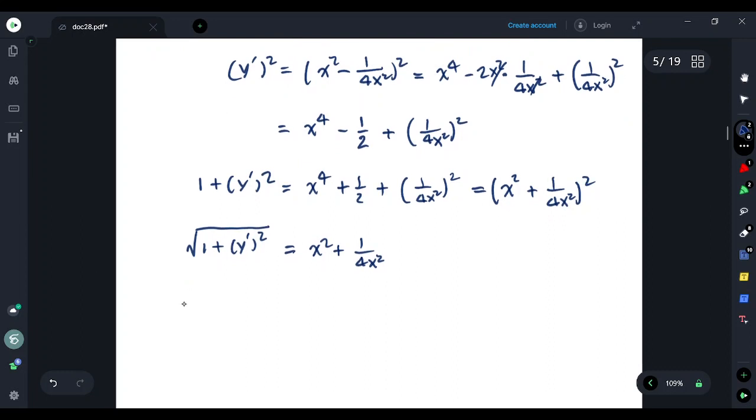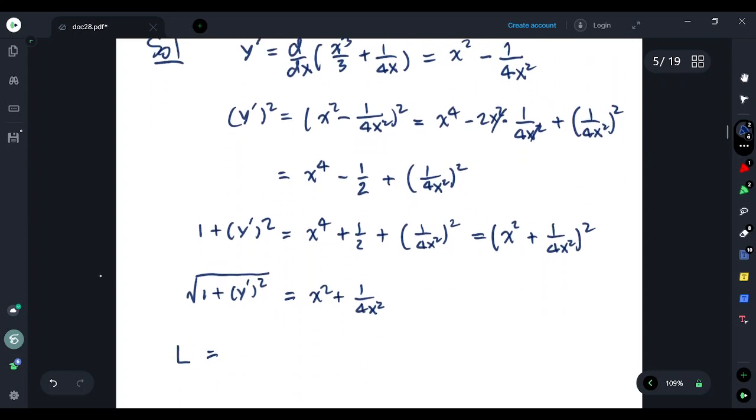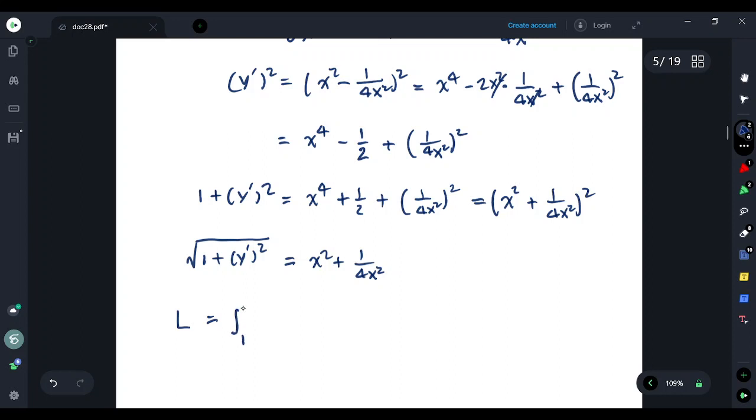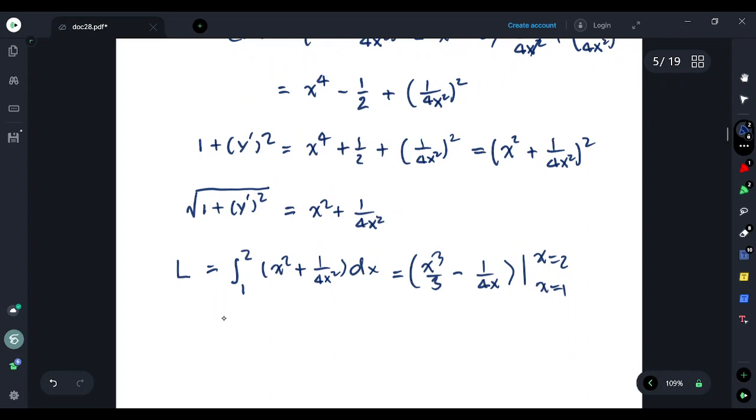And then we can calculate the arc length by integration. So it is the integral from 1 to 2 of x squared plus 1 over 4x squared dx, and this is x to the power 3 divided by 3 minus 1 over 4x, and then we substitute x equals 2 and x equals 1 and do the subtraction.